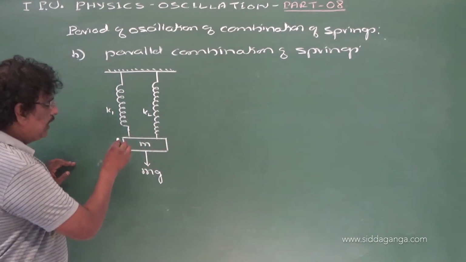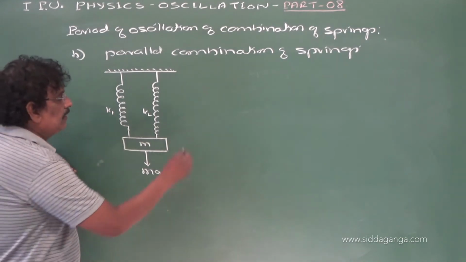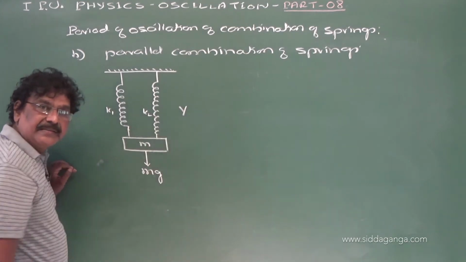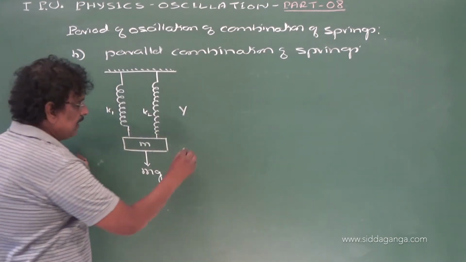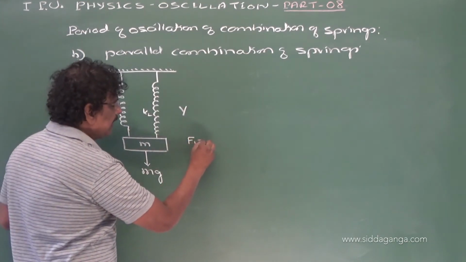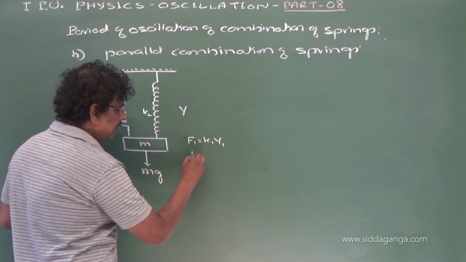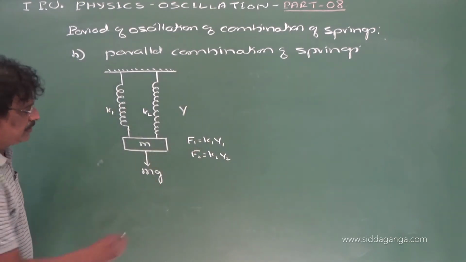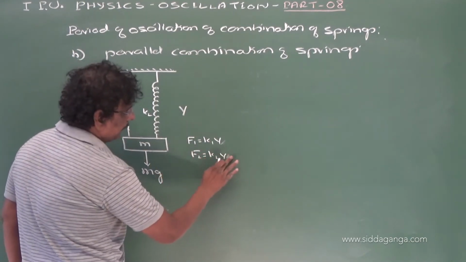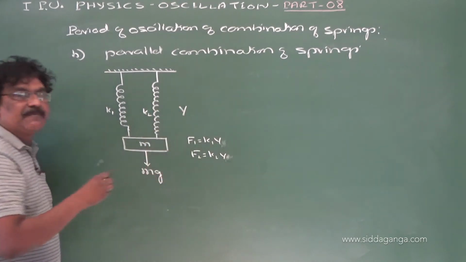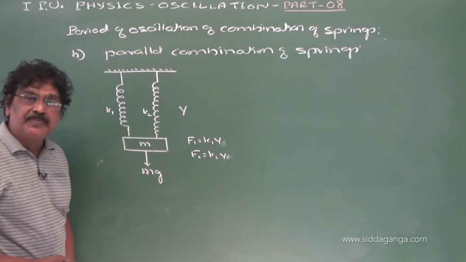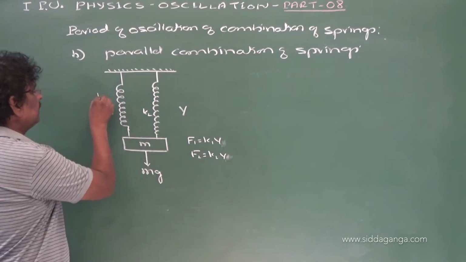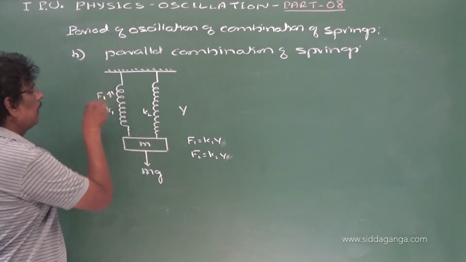So here in both the springs the displacement is the same. We have F1 is equal to K1 Y, F2 is equal to K2 Y, so the restoring force for each spring is different.